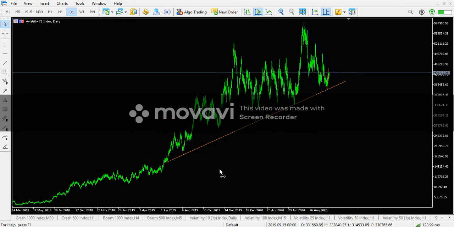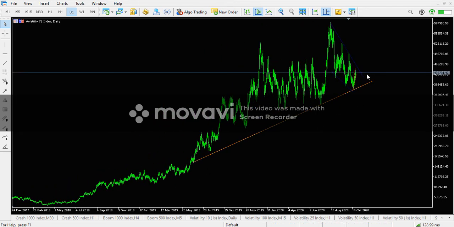You can see it has been in a massive uptrend, so I'm anticipating it's going to come here, touch this trend line, and then break to the downside. But if it's going to break to the upside, then this possibility is going to go up to this side, almost 100% of the channel.